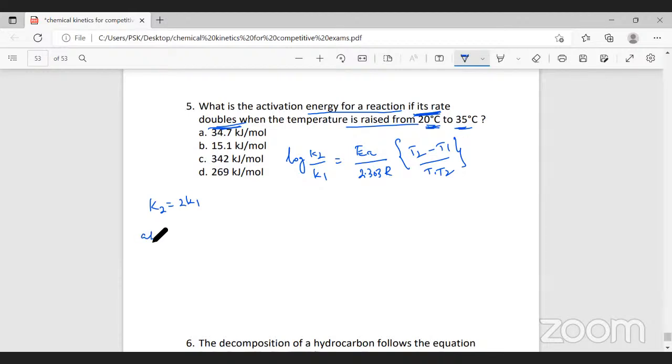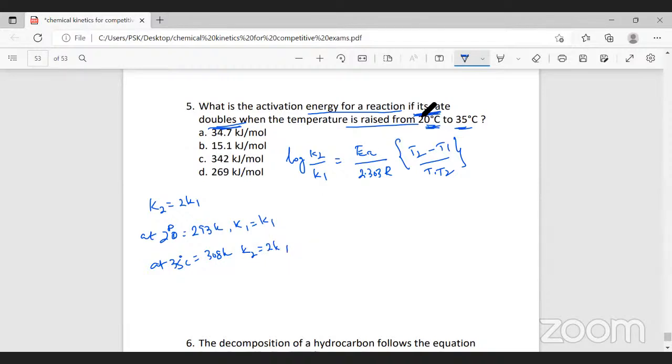So I can write at 20 degrees Celsius, which is nothing but how many Kelvin? 20 is 293 Kelvin. At 293 Kelvin, the rate constant is K1. At 35 degrees Celsius, how many Kelvin? It is 308 Kelvin. K2 will be double the rate, twice K1.